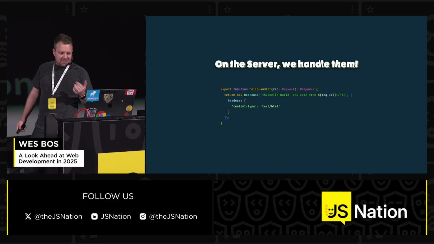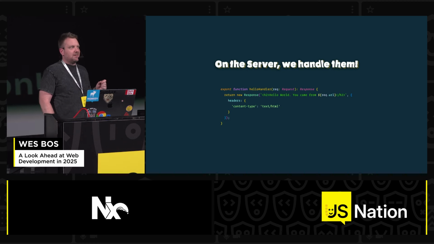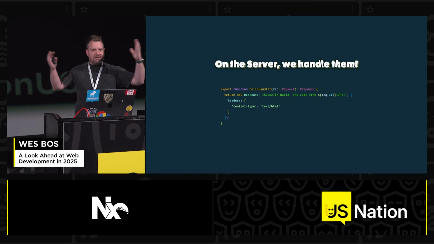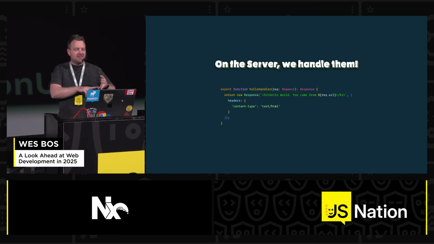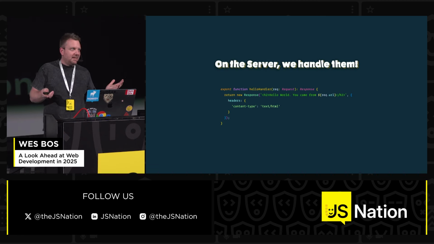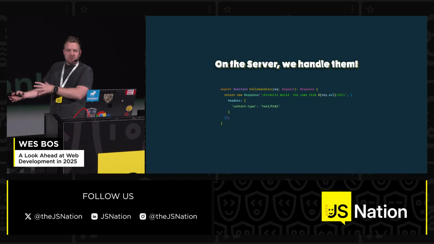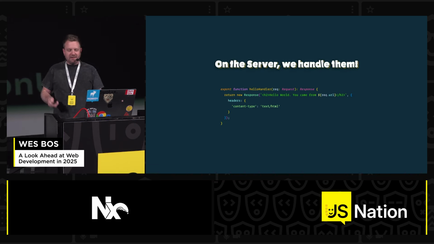And it actually works exactly the same way on the server. So if you write a handler for when something comes in, you get the request. You can access all the information about stuff that's been get or posted to it. You can access cookies and headers and things like that. And then what do you send back from a handler? A response, right? If you use JavaScript on the server as well, you're kind of lucky that you use the same primitives both on the client and on the server.